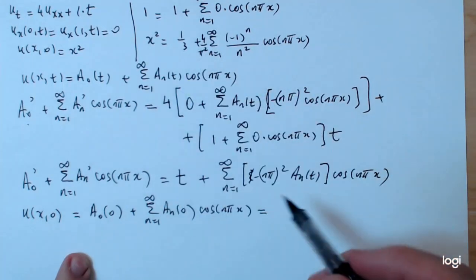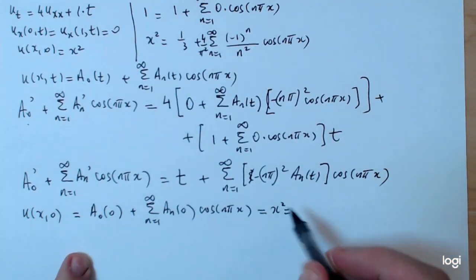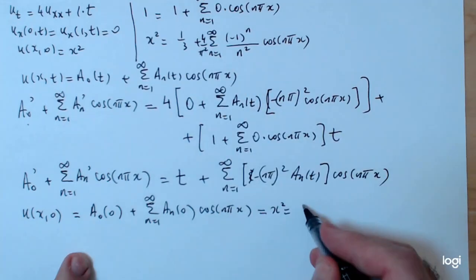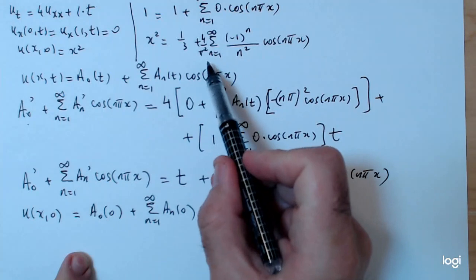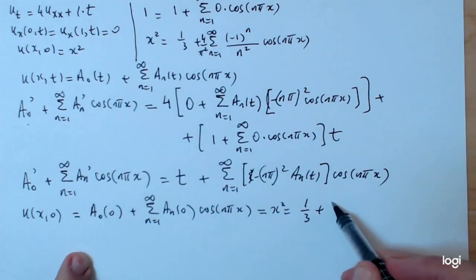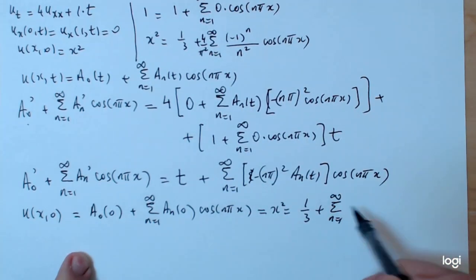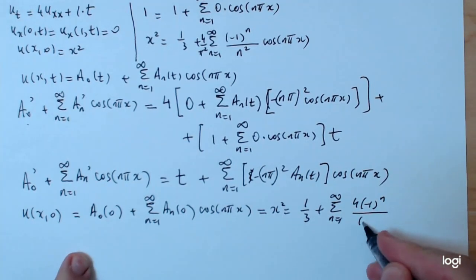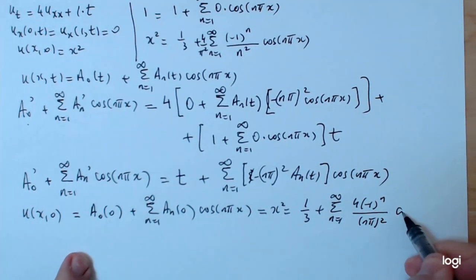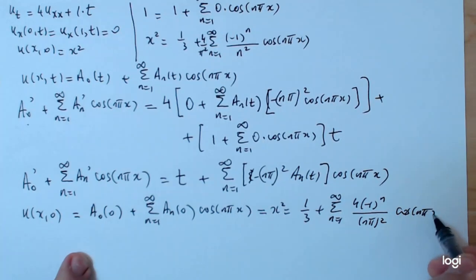This needs to be equal to x squared, which in terms of the Fourier cosine series in the same interval is 1/3. Let's bring this 4 over pi squared inside. So it's 4 minus 1 to the n over n pi squared cosine of n pi x.